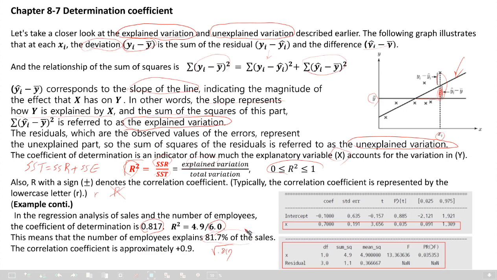In other words, 18.3% of the variation in Y will be explained by other explanatory variables. It can be the area size, something like that. You get it?